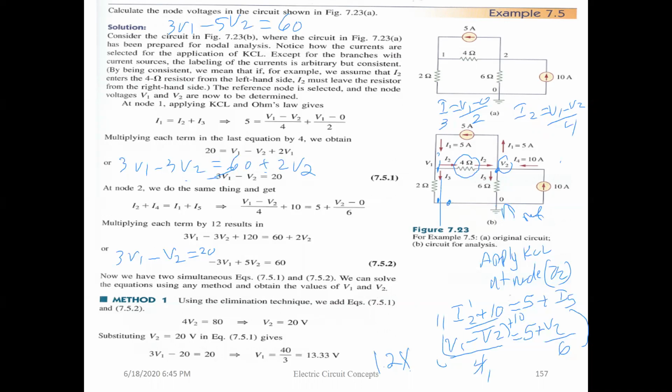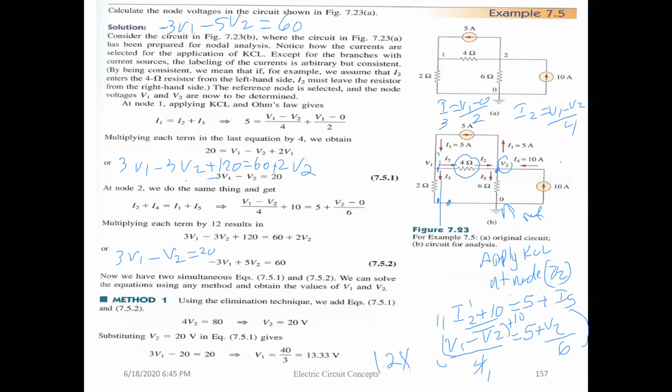So 12 plus 10 is 20. So let me put it down here. So this will be plus 120, okay, equal to 60 plus. So that one will be a minus here.